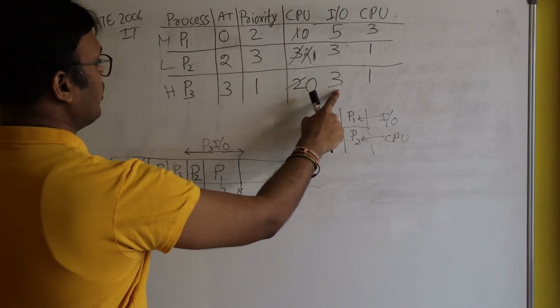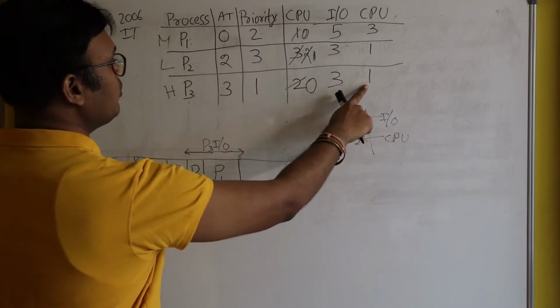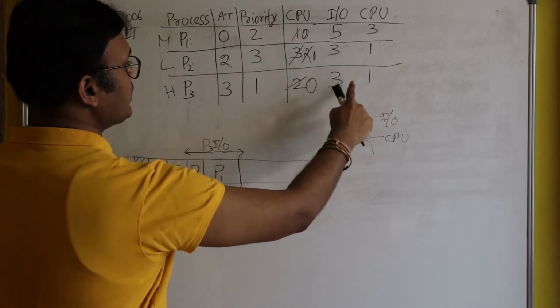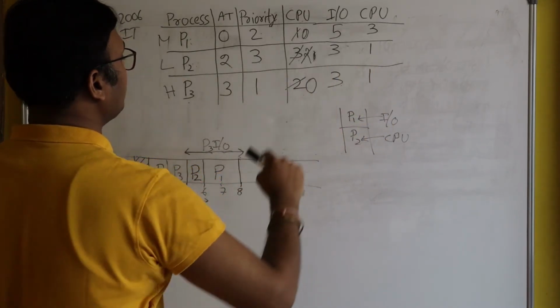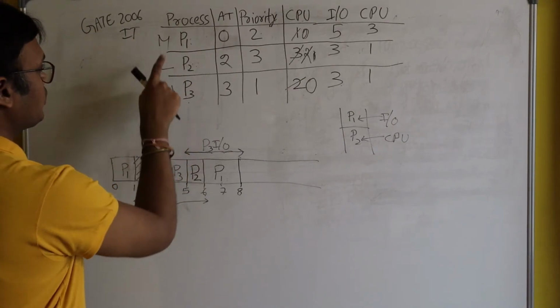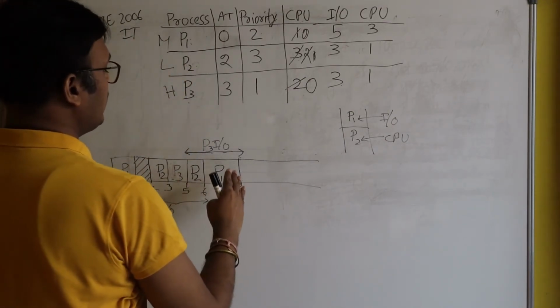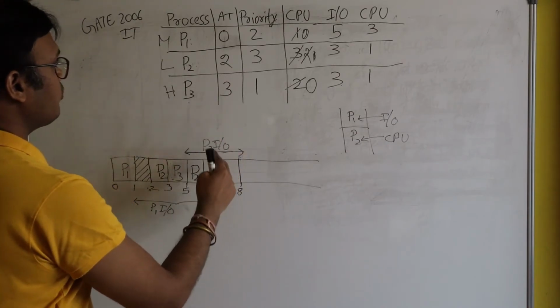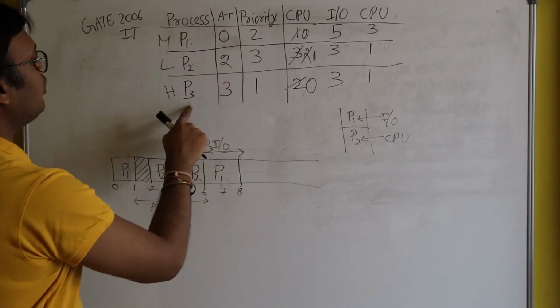It means process P3 again wants the CPU to execute its last CPU burst of 1 second. Since process P3 has higher priority than process P1, the CPU will be snatched from process P1 and given to process P3.